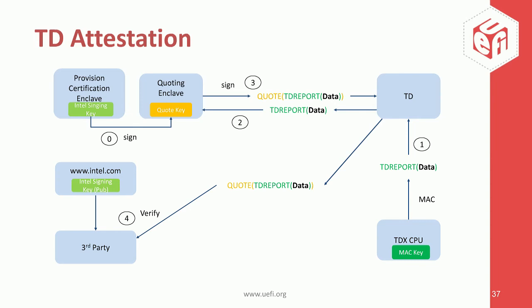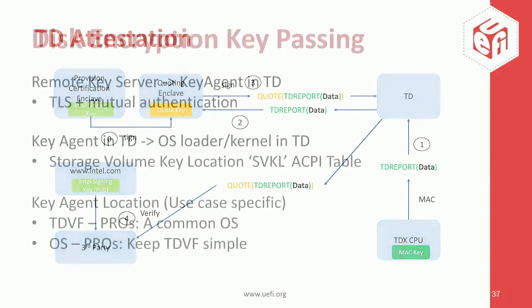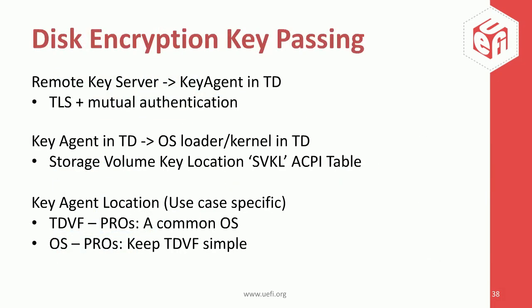The key server may use this way to verify the TD client who requests the disk encryption key. Once the key server verifies the TD, the key server can pass the key to the key agent. Then the agent puts the key into a storage volume key location ACPI table. Then the OS loader or the kernel can get the information from the ACPI table.